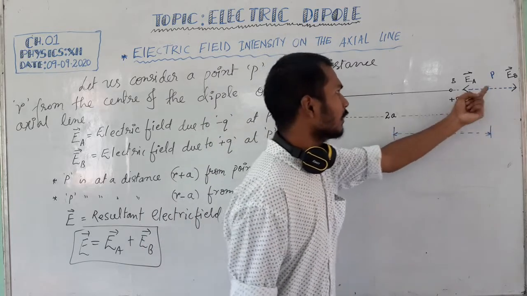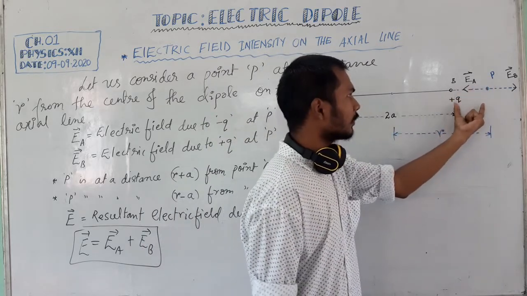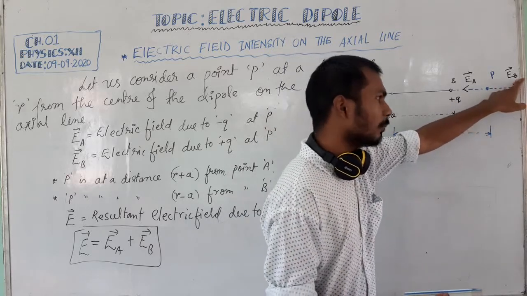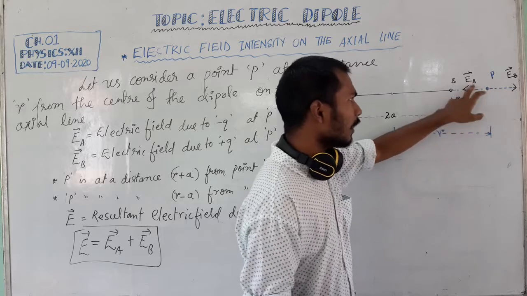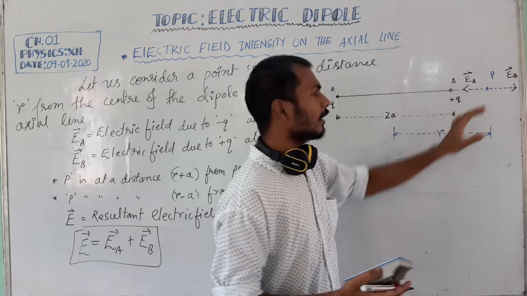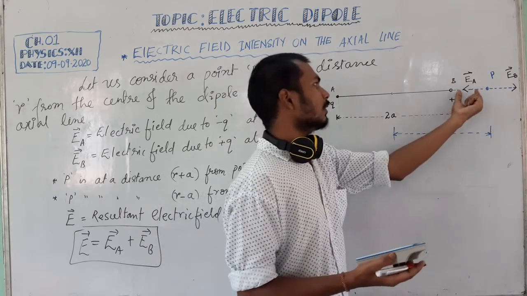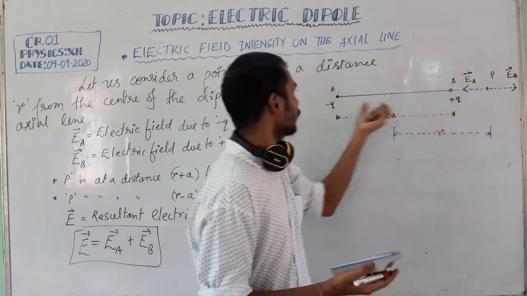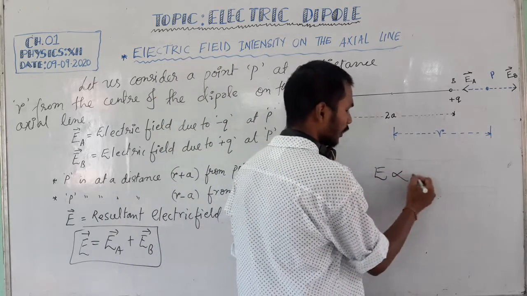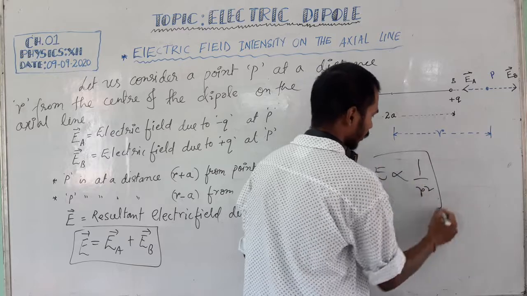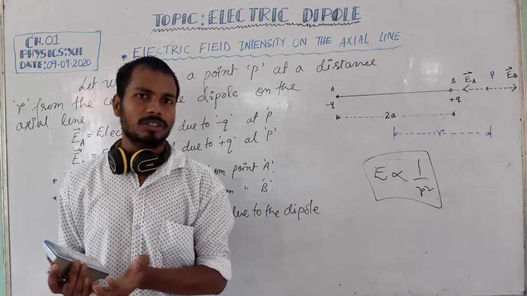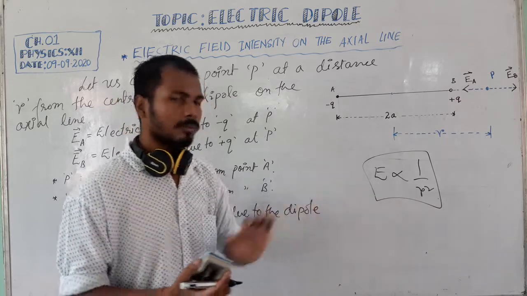Now see, this point is very near to B, so the electric field is very, very high. So we have to subtract EA from EB, because EB is larger and EA is smaller. Why? Because point P is very, very far away from A, and we know that electric field is directly proportional to 1 by r square. This is the explanation from Coulomb's law.